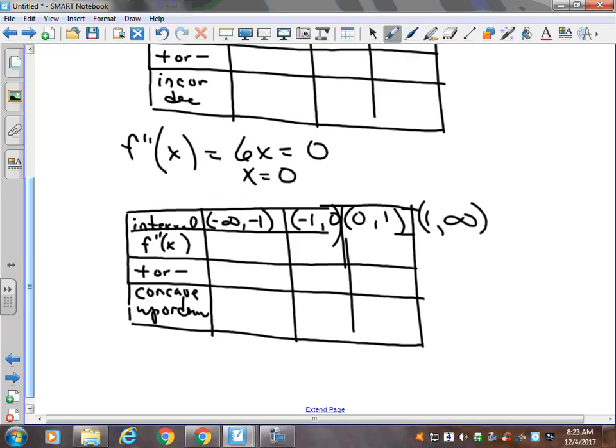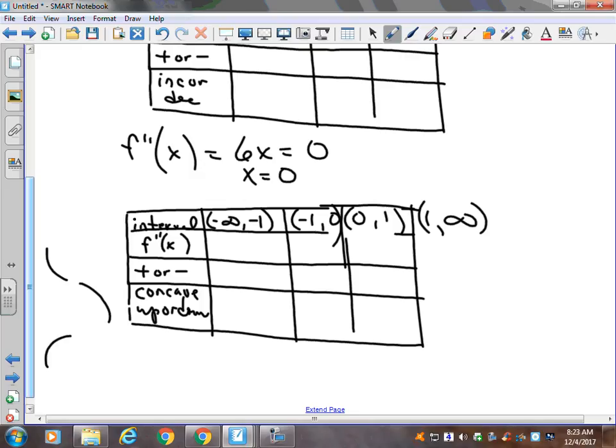So the key here is it's this almost identical type thought process with the second derivative chart. The only difference is, let's talk about what it means. So if it changes from concave up to concave down, what does that make? Connect it together in your mind. An inflection point.